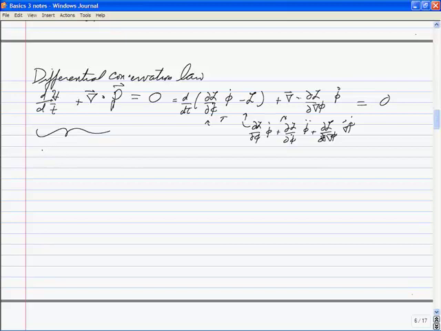This is the usual conservation of charge rule, so this is a typical conservation law. You have d rho dt plus del dot j equals 0. When you see this in E and M, that's the charge density.